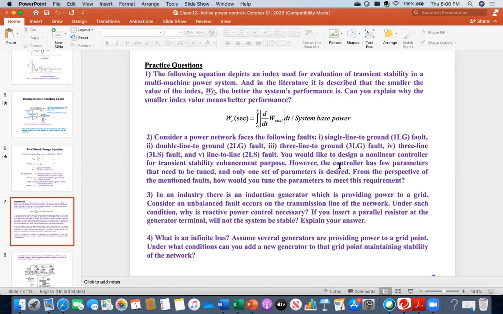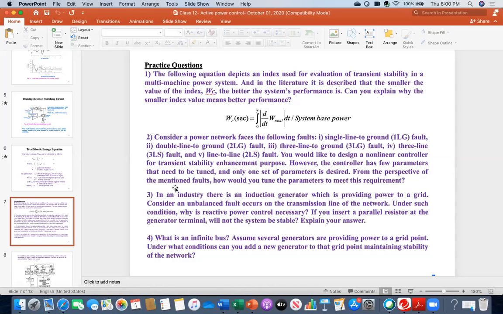Whatever it is, fuzzy logic controller, neural network or other controller, every control system has some parameters that you need to tune. And only one set of parameters is desired. So there are a few parameters that need to be tuned, and you need only one set of tuned parameters.